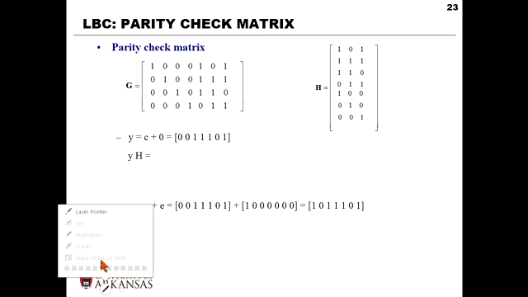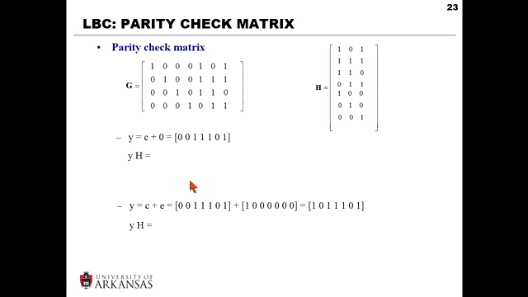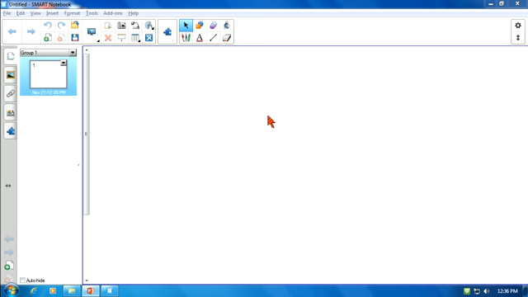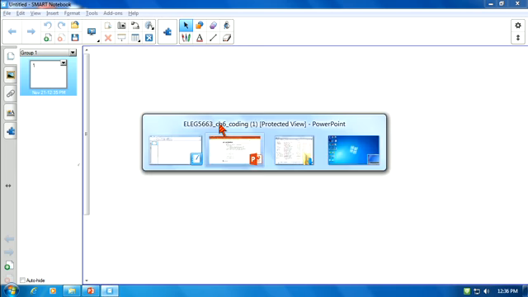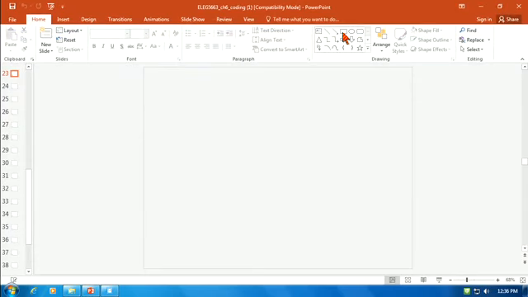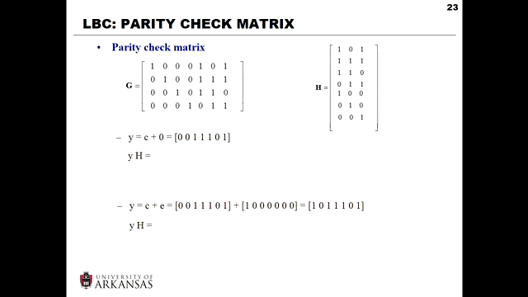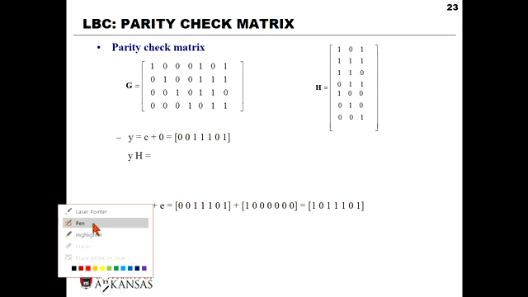Highlighter. You may have to enable editing first. Where do I? The yellow toolbar. Oh, enable editing. Okay, all right. Thank you. All right, let's see if it works this time.